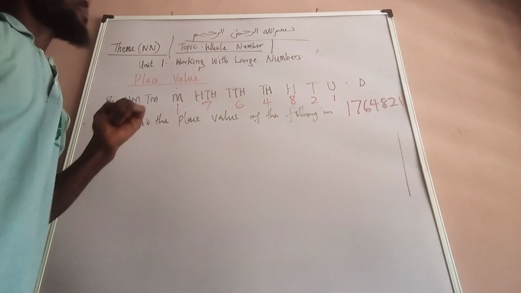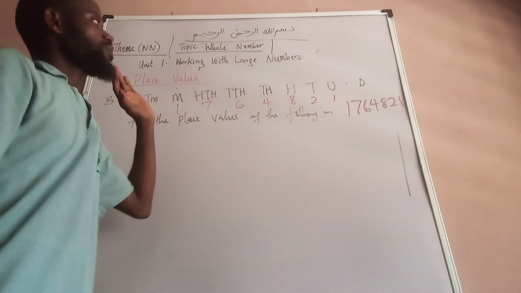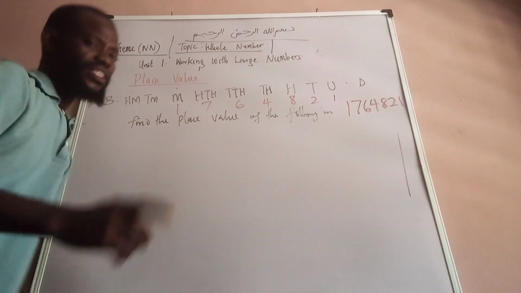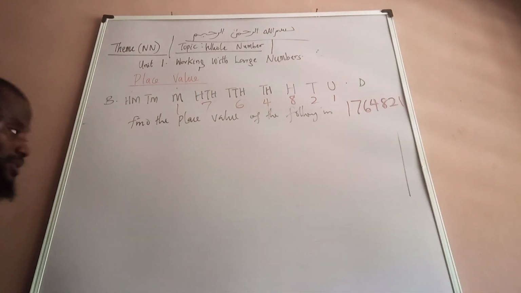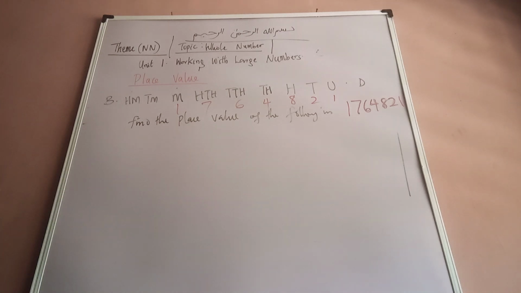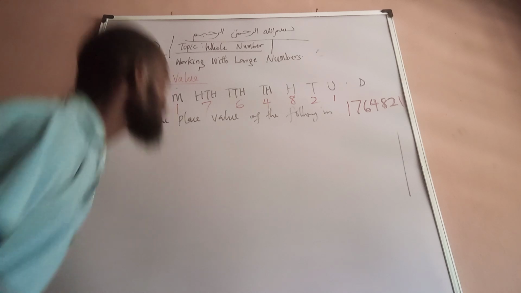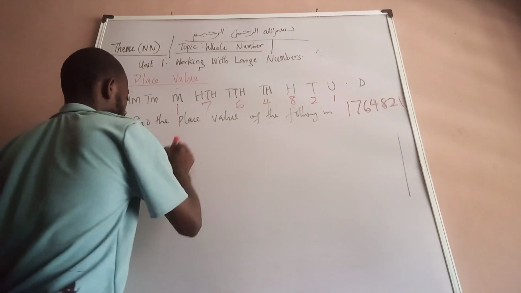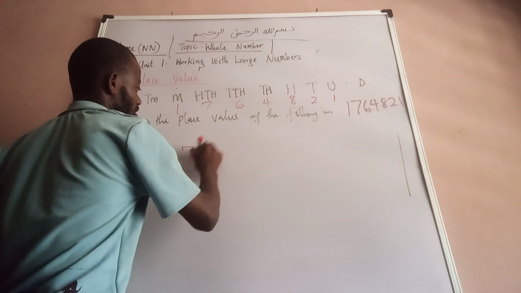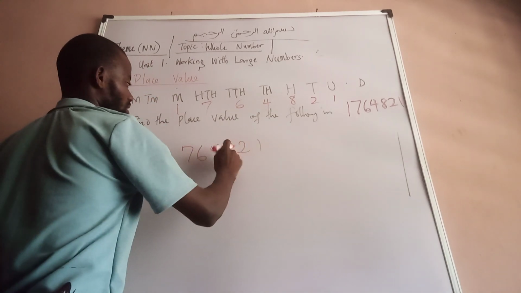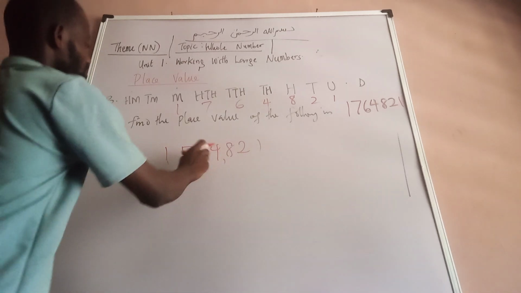All right, so this is how it's gone. 1 million. So now, if you want to do it, what you must be competent of is that for it to be easier to call out, you must section them into 3. You start from the 1, 7, 6, 4, 8, 2, 1. You now take 1, 2, 3, comma, 1, 2, 3, comma.